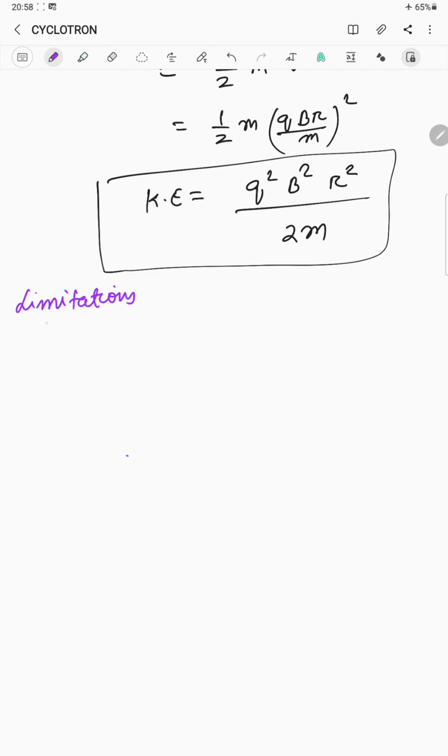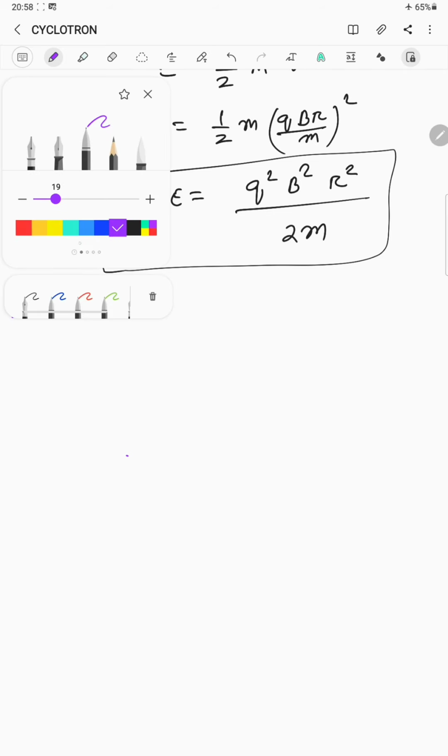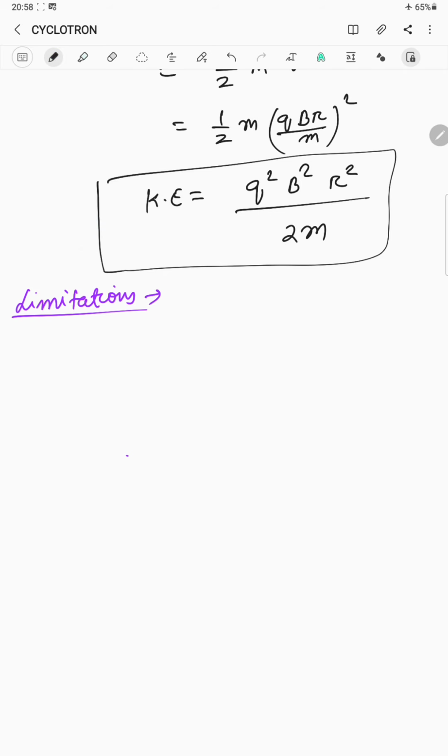The first limitation is, have you thought whether electrons can be accelerated? No, this is one of the biggest limitations. Electrons are also particles, but electrons can't be accelerated.